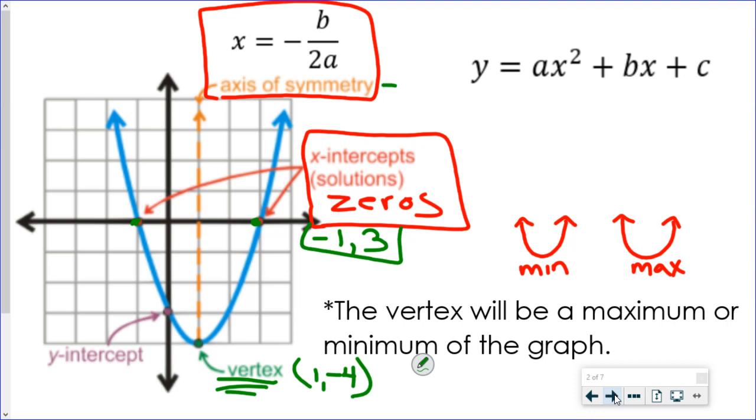So the axis of symmetry is x equals 1. Usually we use this to find the vertex, that's why we do that first. And last but not least, this parabola is a minimum because it will never go lower than that vertex. So the vertex is either going to be a high point, maximum, or a low point, minimum.